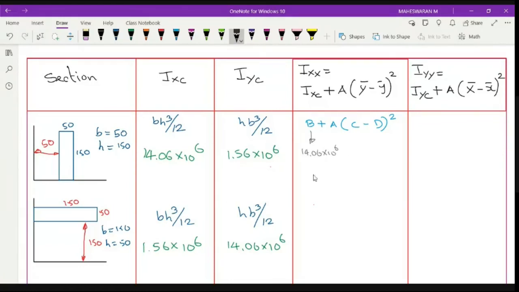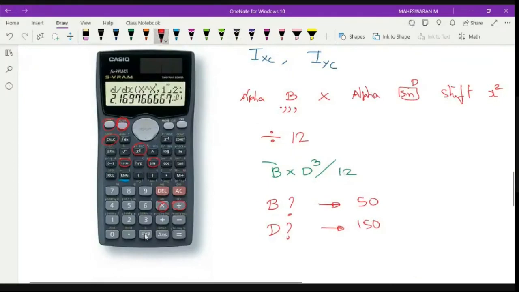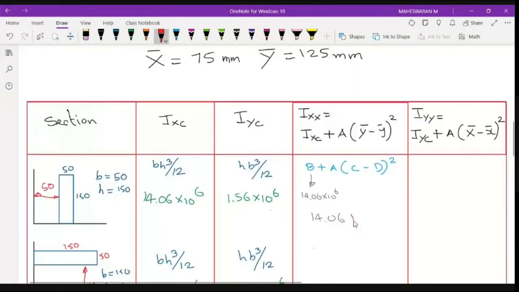For typing this, you don't go for into 10 power 6. You type it as 14.06. You have a button here, which is EXP. Right? This EXP button. So EXP 6. So when you do that, it will consider it as 10 power 6.